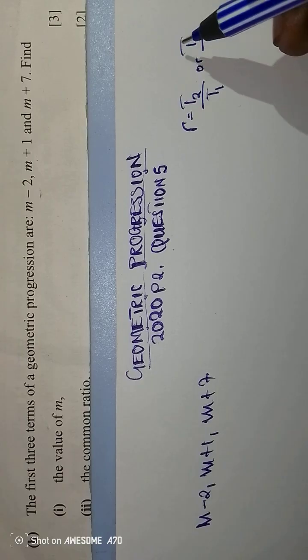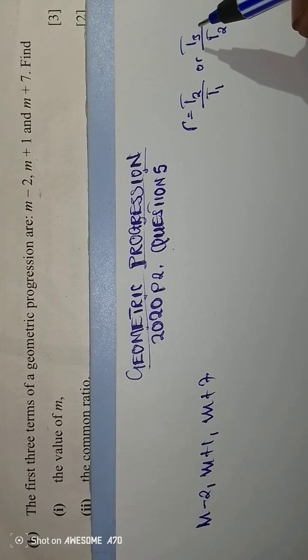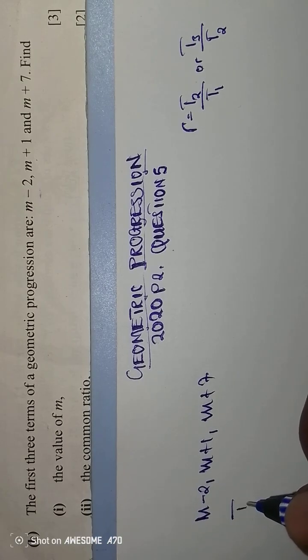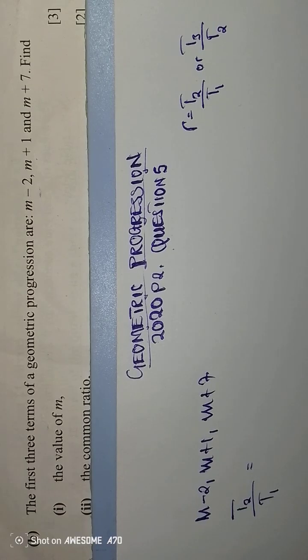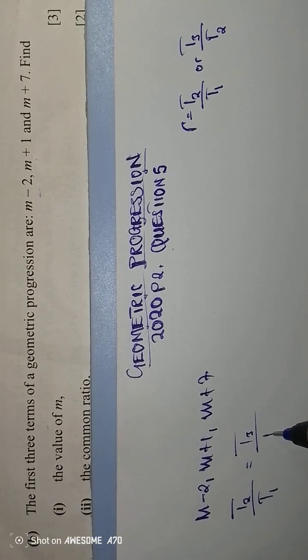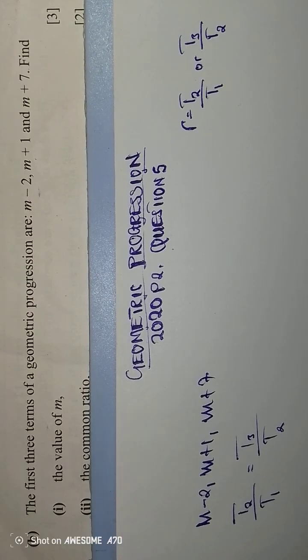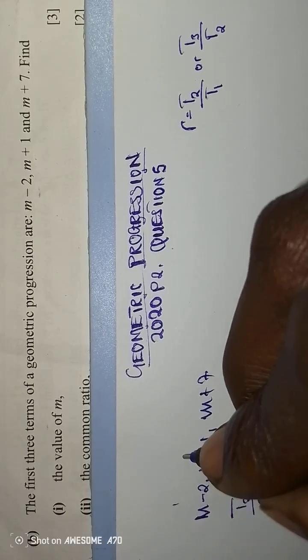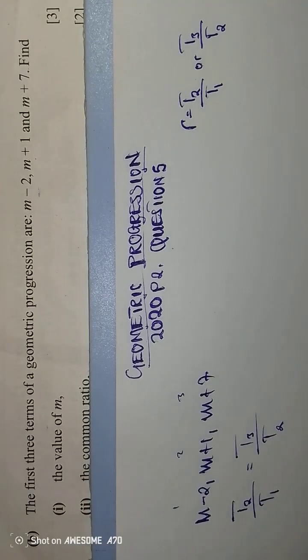Either you use this or that, you are to get the same answer. So I'll say second term over the first term is equal to third term over the second term. This is the first term, that is the second, that is the third.